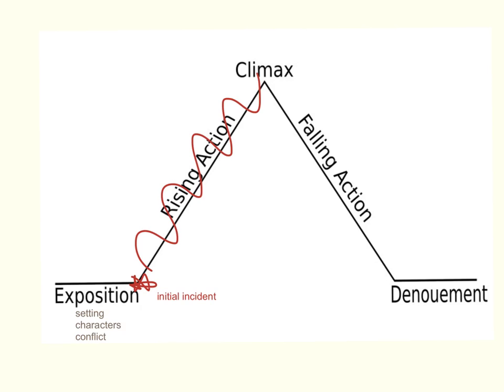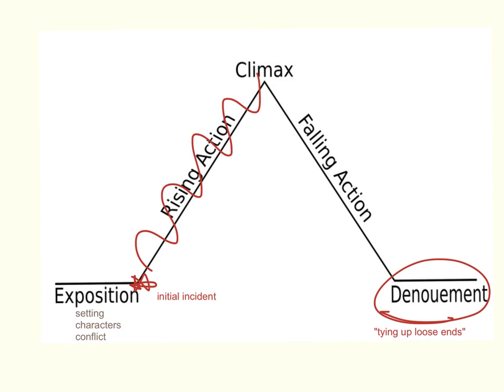The falling action would be as we tend to wrap up these things. And finally, we're going to end here with the denouement, which, like I said, is a French word, which means tying up loose ends. So this is the part of the story where maybe we've solved the problem, but the character needs to ride off into the sunset, or we need to leave it open for the next book that's coming up.